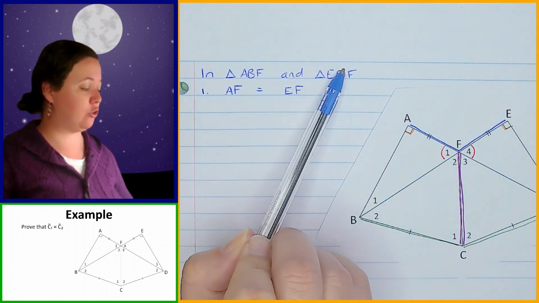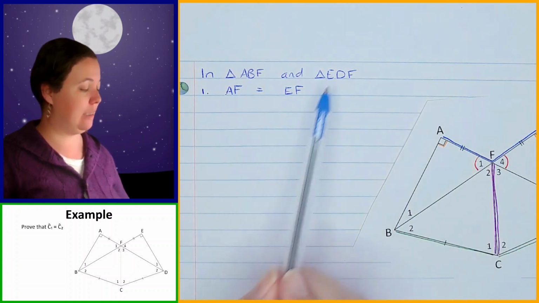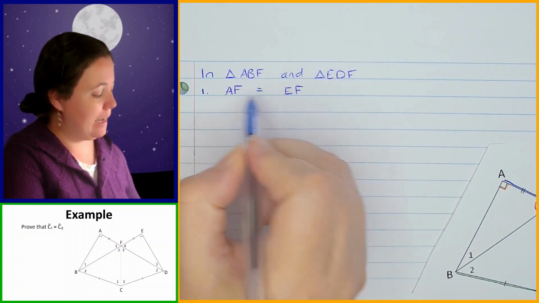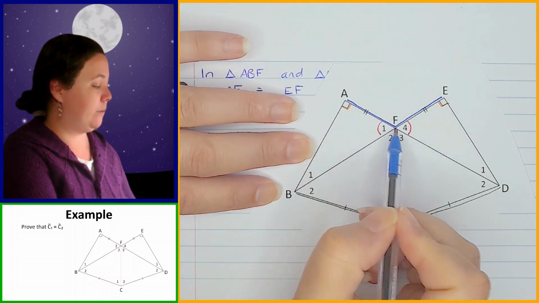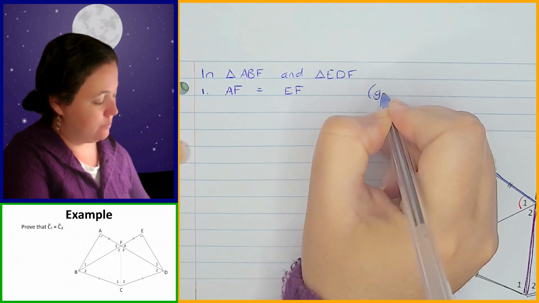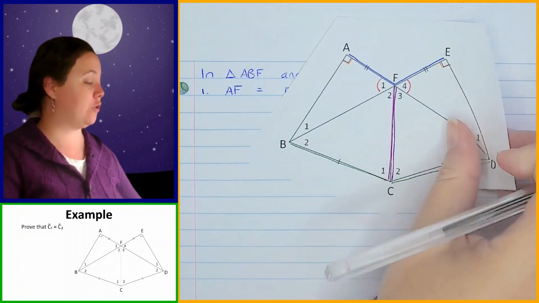And this is part of that triangle, so it goes second. Okay, so everything for this triangle is going to go here. Everything for this triangle is going to go there. Right? So AF is equal to EF, and the reason that I know that is because they told me. They told me that those are equal, so I can just say given. Right, so now I've done my first statement.